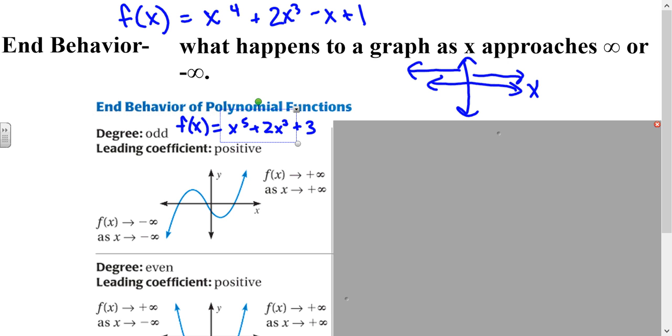We just have a 1 in front of x. So our degree is odd, our leading coefficient is positive, so we know that it's going to be going down on the left side and up on the right side. So it kind of makes a snake. It can bounce up and down a whole bunch of times in the middle. You don't know. All you need to know is that the left side goes down and the right side goes up.